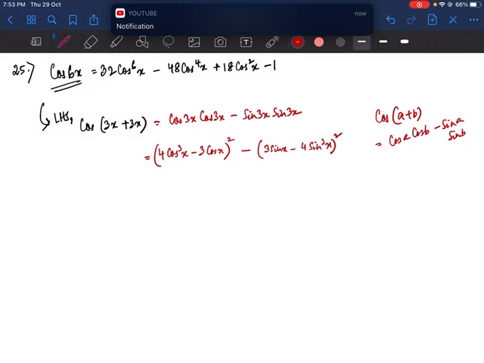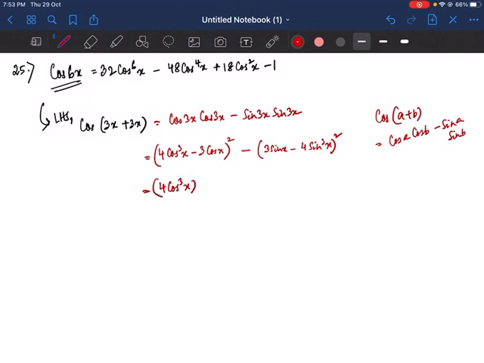So now let us solve this. This will be equal to the a minus b whole square formula. So it will be (4 cos cube x) whole square, plus (3 cos x) whole square, minus 2 into 4 cos cube x into 3 cos x.